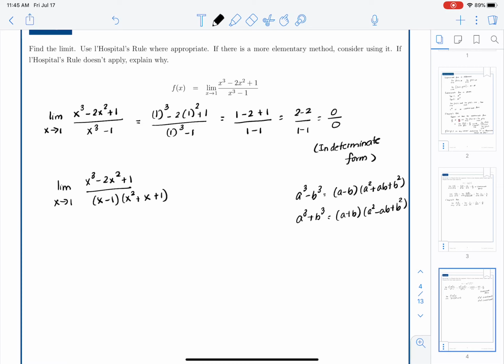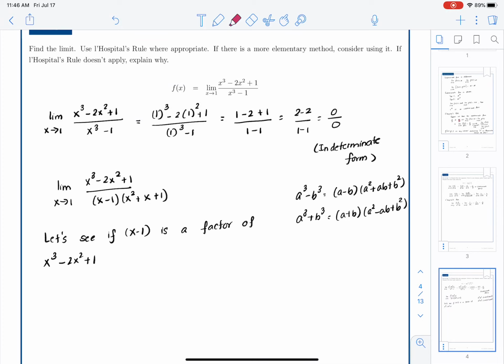So I'll just use that. Now, I would like to know if I could do something with the numerator. Perhaps I can. Let's ask that question.